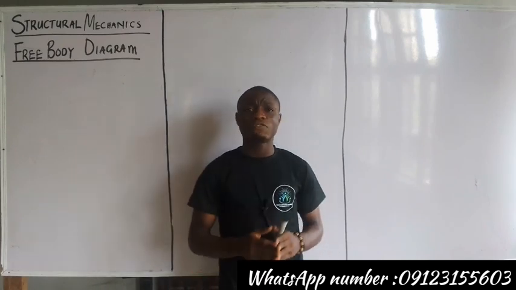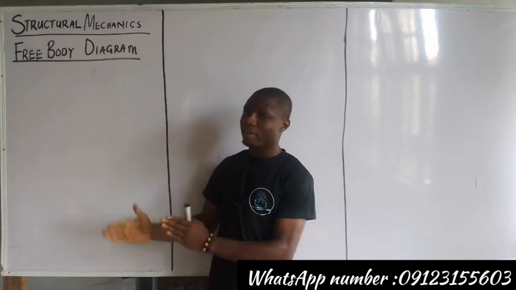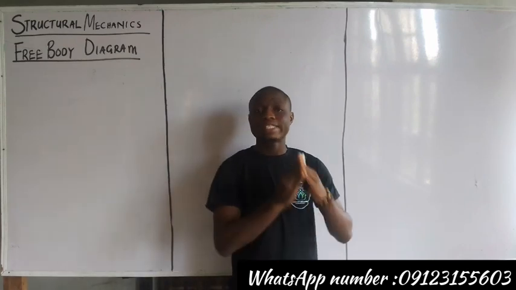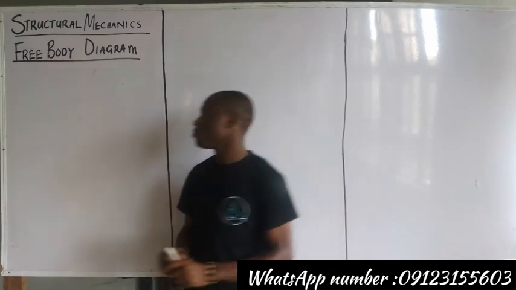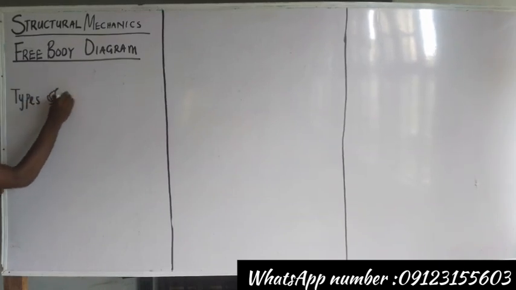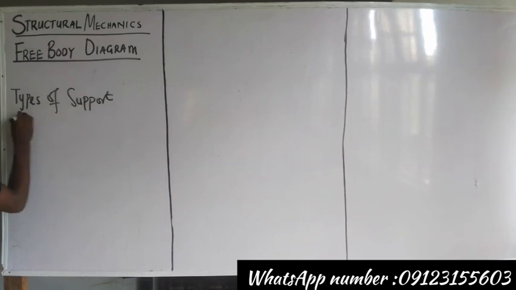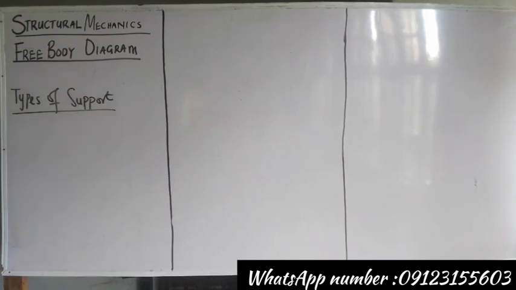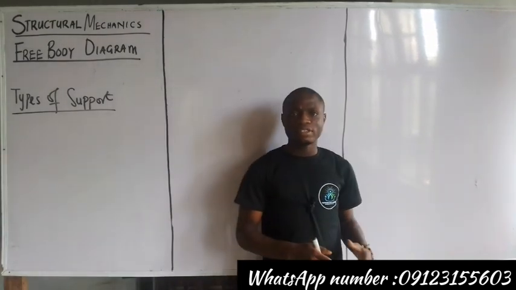Having considered the definition of free body diagram, let's consider types of support as our next concept. There are about 3 supports, right?